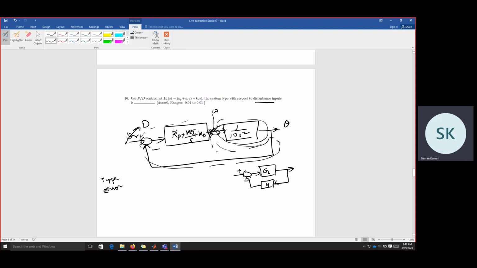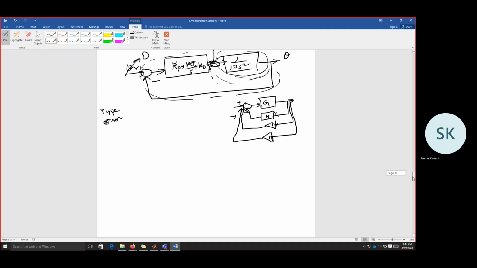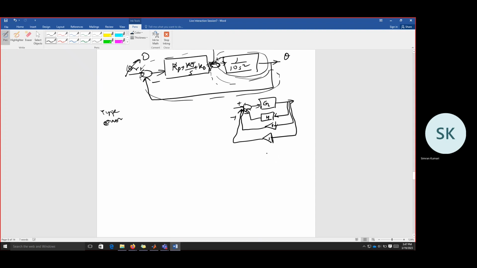We just add a gain 1 and subtract a gain 1, so these two nullify their effects. So we have this G, and this negative, and we want a negative unity feedback, no? So this is fine.